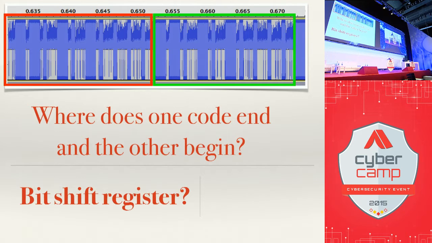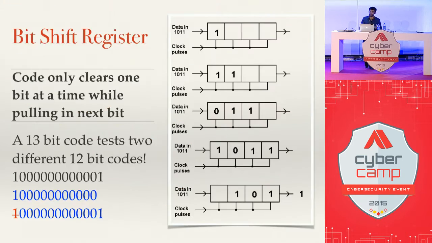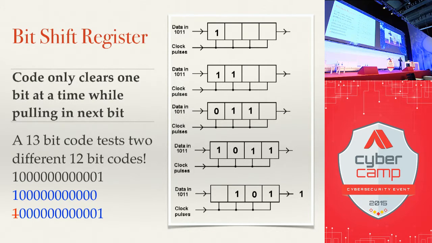So perhaps it's using something called a bit shift register. In a bit shift register, we're taking a series of bits and shifting them one bit at a time into a register. So let's say we send a 13-bit code, as I have below. If I send 13 bits, but the bit shift register only supports 12 bits, it will put 12 bits in that register, and then it will test, is this 12-bit code the correct password to the garage?